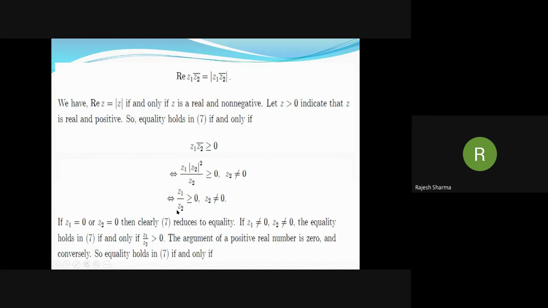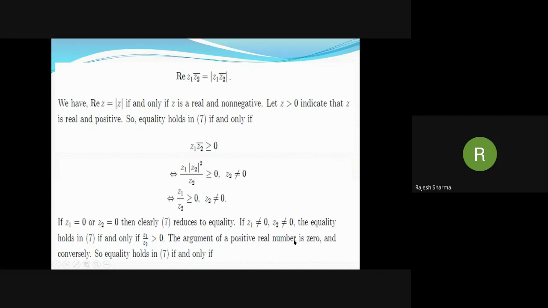So what we have is, if z1 is 0 or z2 is 0, then clearly the triangle inequality becomes an equality. If z1 is not equal to 0 and z2 is not equal to 0, then equality holds in the triangle inequality if and only if z1 over z2 is strictly greater than 0. That is, z1 over z2 is positive.